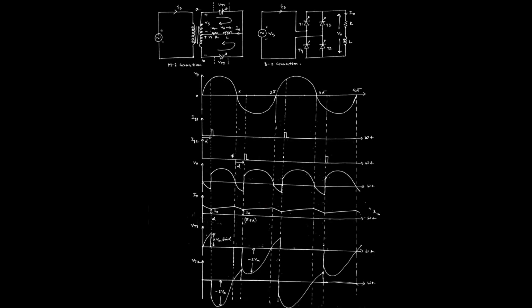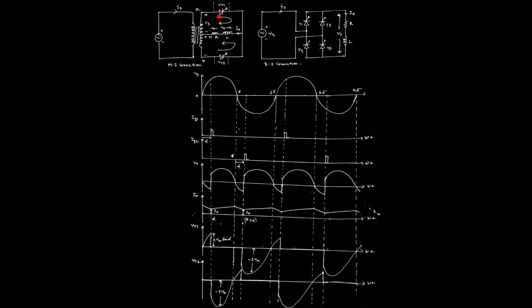Now the important part, that is the terminal voltage or blocking voltage across the SCR when the SCR remains in the off state. It is true that when the thyristor T1 starts conducting, then T2 stops working. When T2 starts conducting, then thyristor T1 stops working.